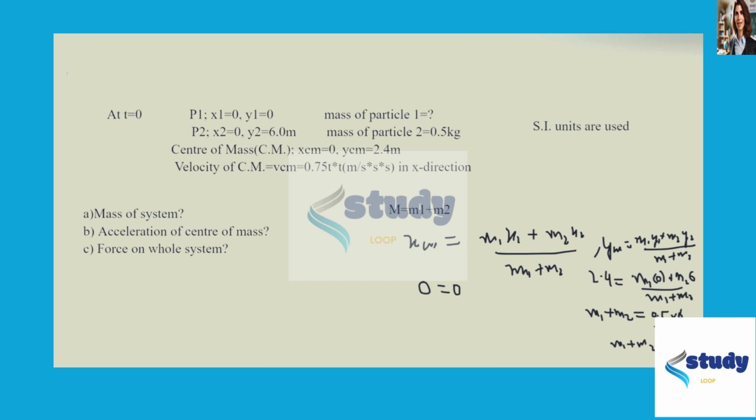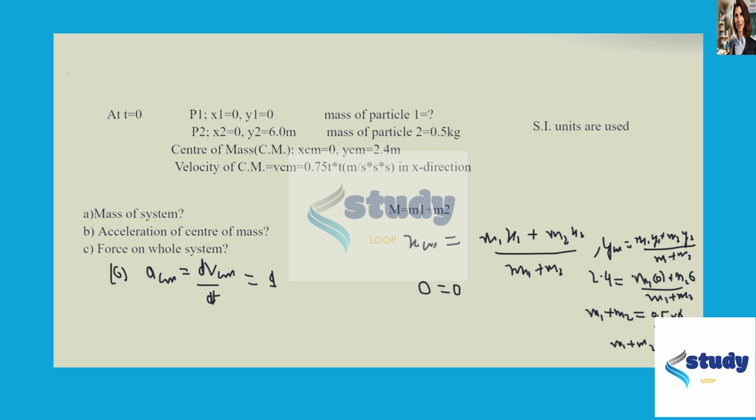Now we will find the acceleration of the center of mass. We know that a_cm, the acceleration of the center of mass, equals dv_cm over dt. So this is the differential of the velocity of the center of mass, and we are given that this is 0.75 t square. So we can differentiate it.